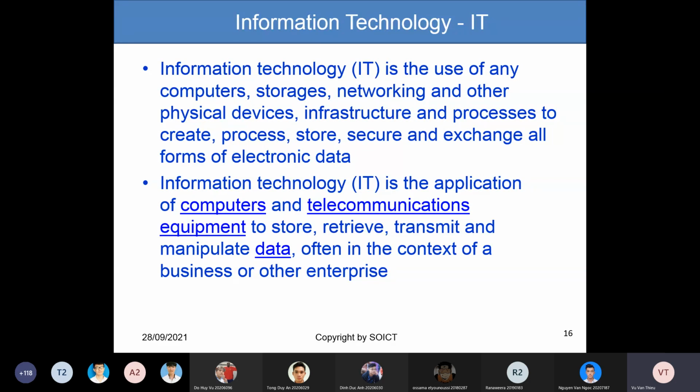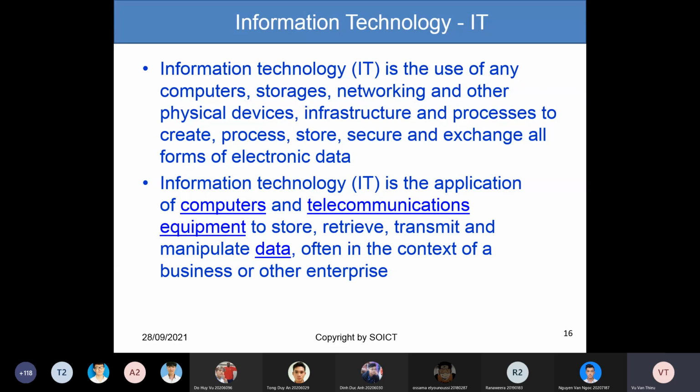So the concept of information technology was used usually at the end of the 20th century and the beginning of the 21st century.